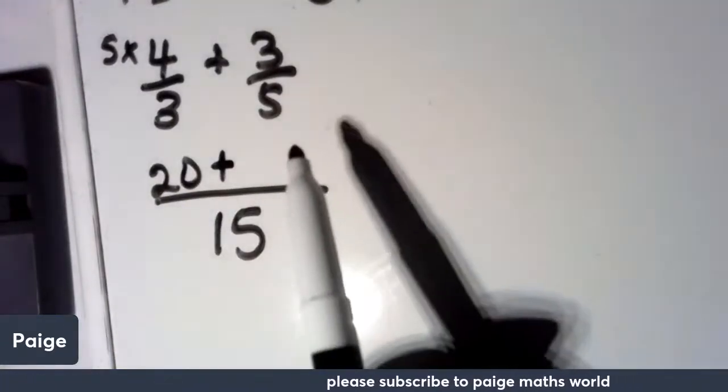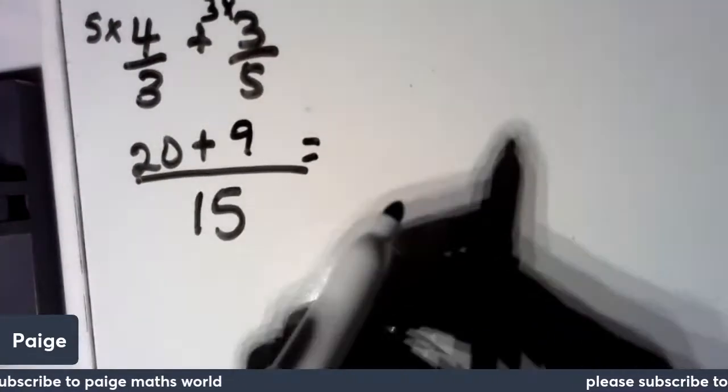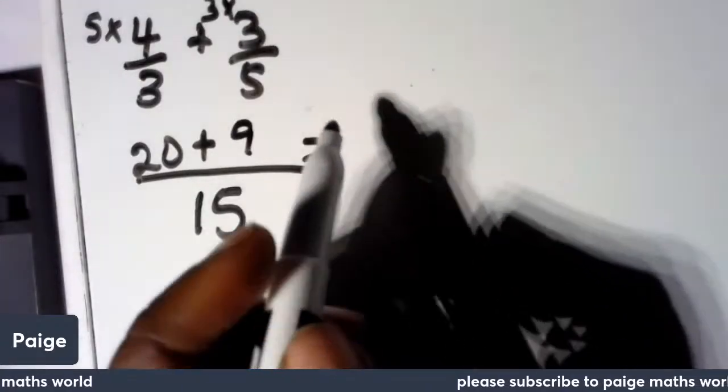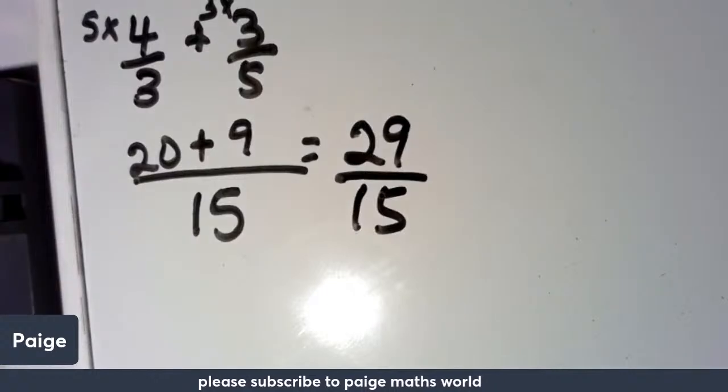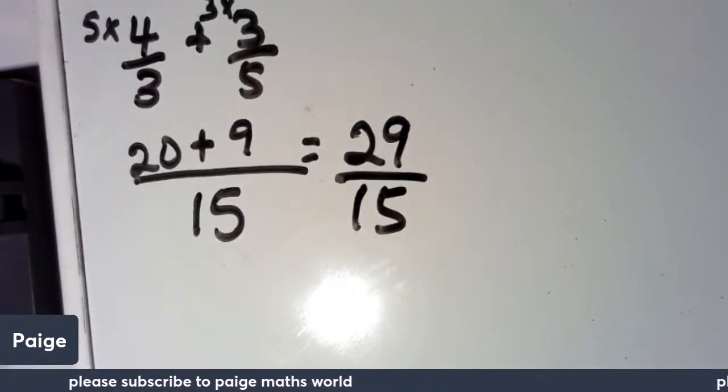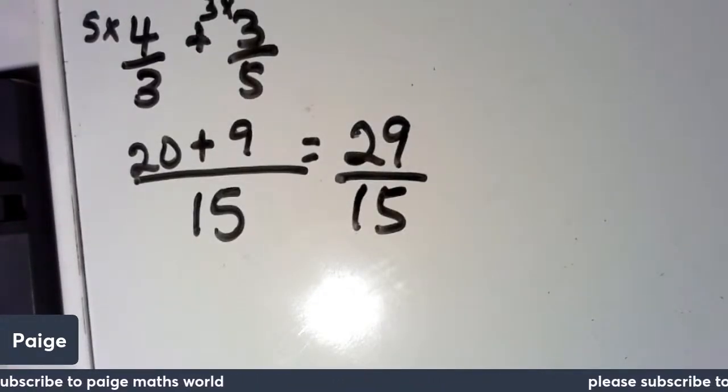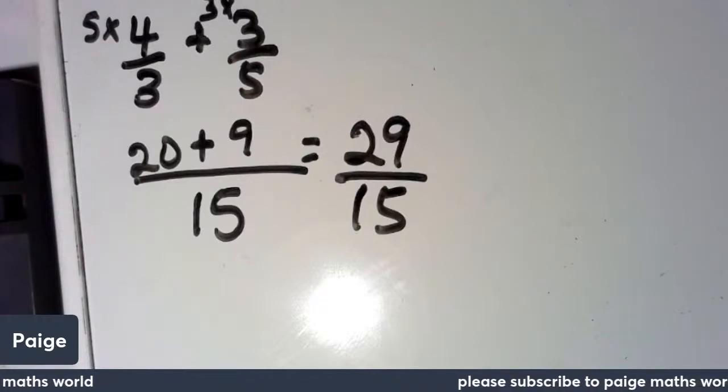Now 5 into 15 goes 3 times. 3 times 3 is 9. We add those two numerators together, and so it's going to be 29/15. Yes, Nika, you are indeed correct. 1 for Ray, 3 for Nika.